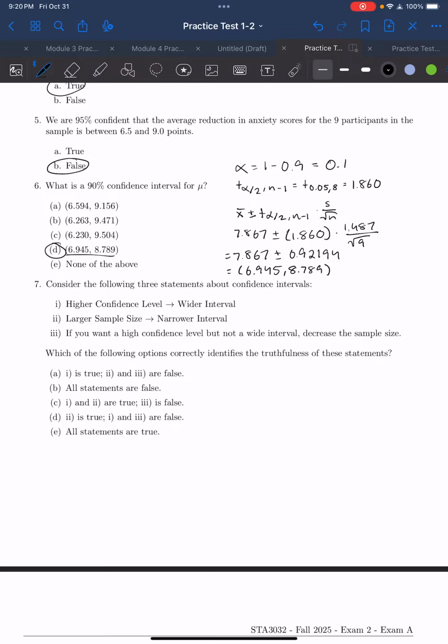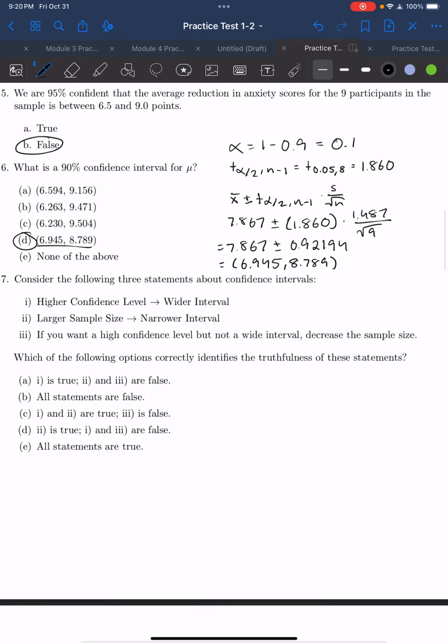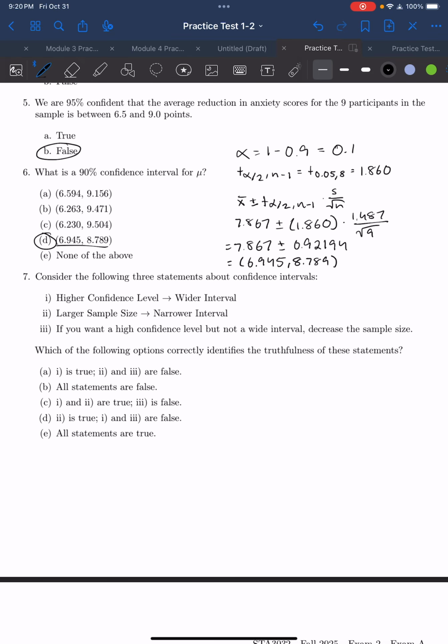And so if we just look at our formula for our previous one, we can see that a higher confidence level means a wider interval.